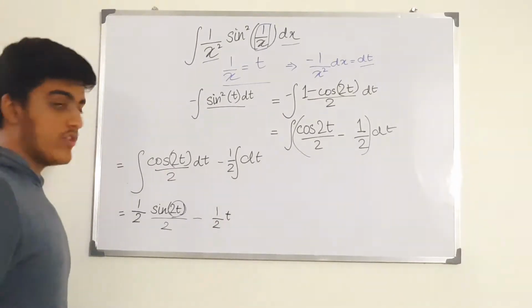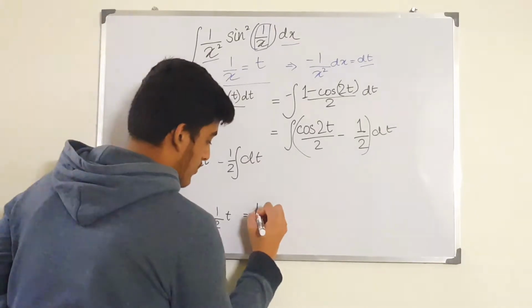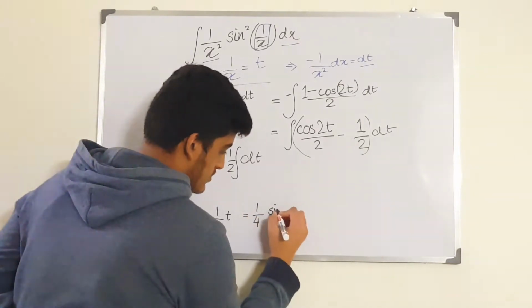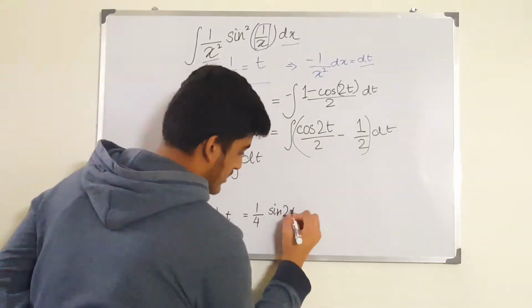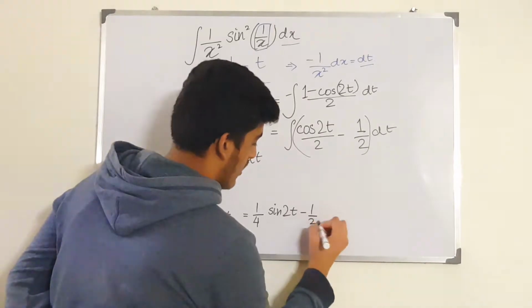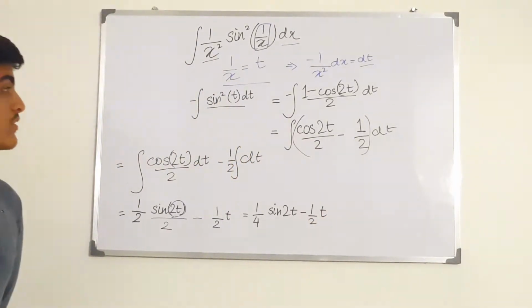So what we have here is 1/4 sine 2t minus half t.